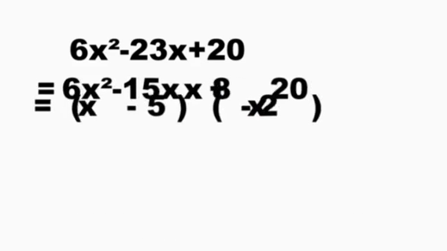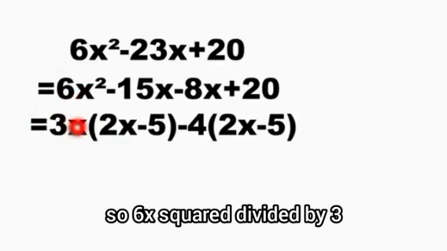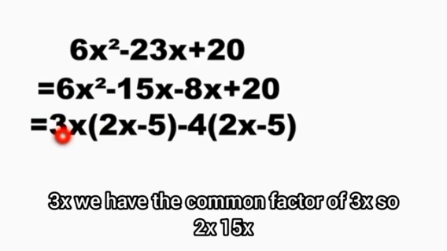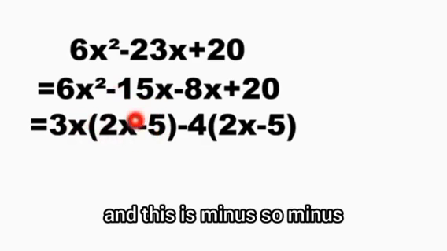Here we have a common factor of 3x, so 6x² divided by 3x is 2x. 15x divided by 3x is 5, and this is minus, so minus 5.